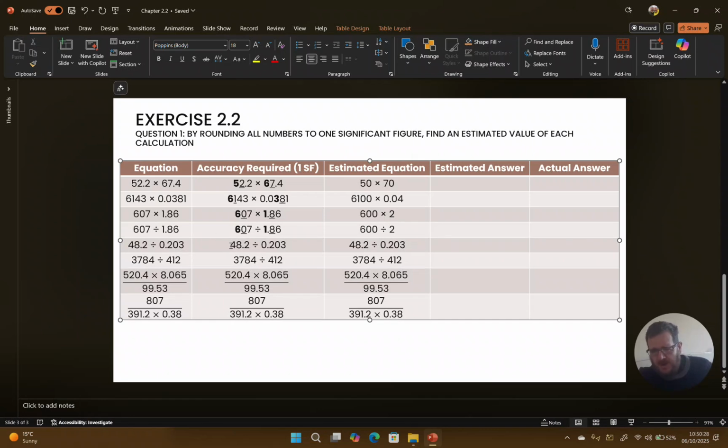The next one we're going to look at is 48.2 divided by 0.203.